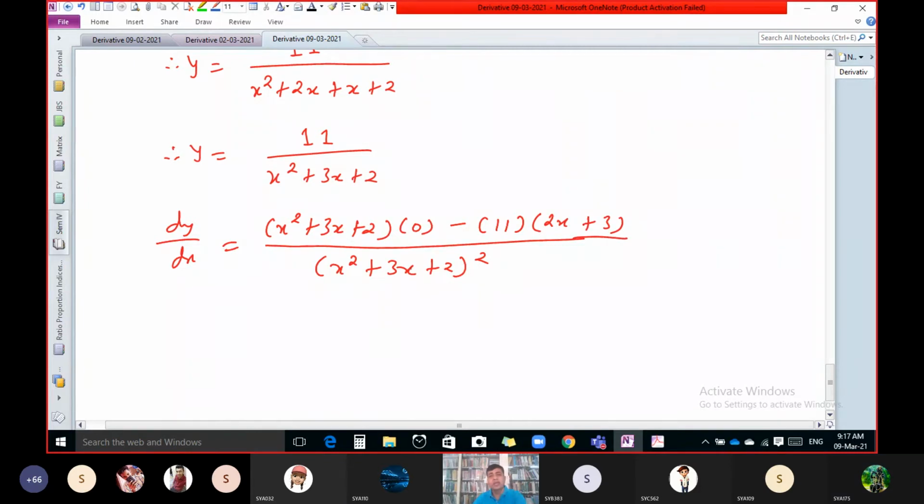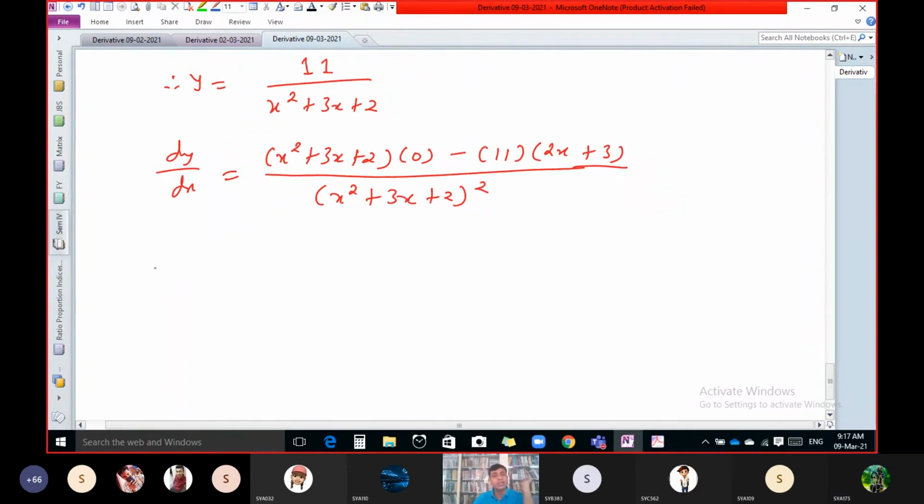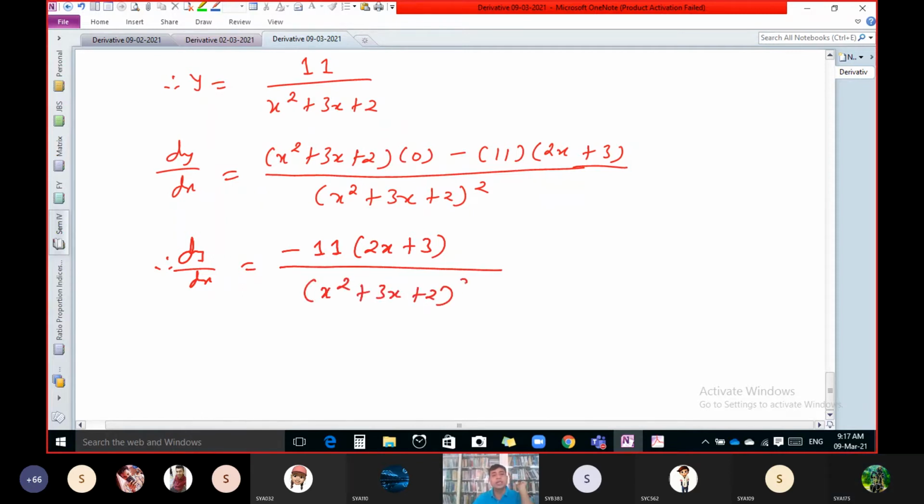Now 0 into anything is 0. So my final answer: dy by dx equals minus 11 in bracket 2x plus 3 upon x square plus 3x plus 2 the whole square. So this is my final answer.